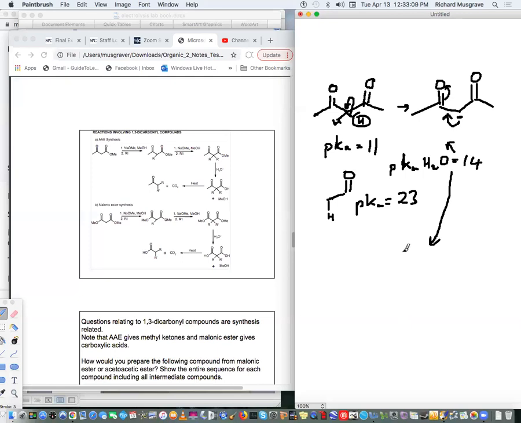And then the negative charge here can come back down, and then it can go up onto the other oxygen. So there's lots of different ways this negative charge can be moved around to have it stabilized, which is why this hydrogen here is going to be fairly acidic. Does anybody have any questions so far?